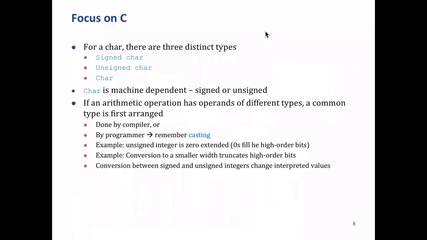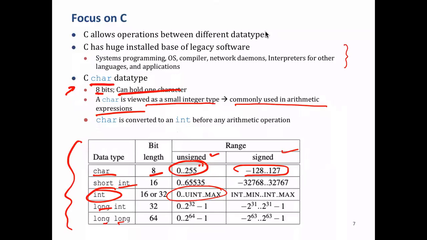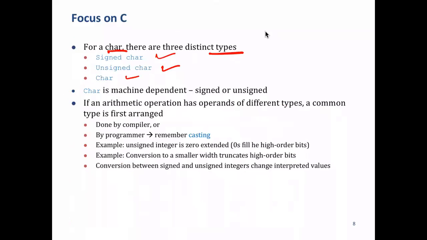For the char data type there are 3 types: signed char, unsigned char, and char. Signed char and unsigned char we have seen here. Now, one loophole is that if you use the simple char type, it is machine dependent. If the programmer is not careful, there can be errors here.